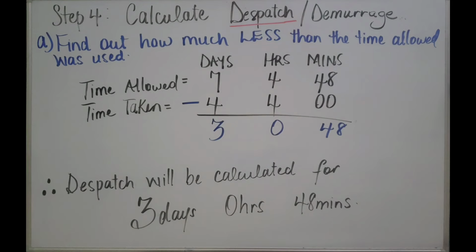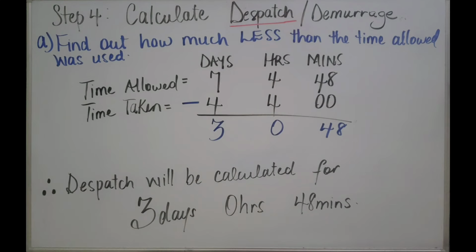So we have to subtract the time taken from the time allowed, and that's how we got 3 days, 0 hours, and 48 minutes. I'm saying 0 hours because in case you need to calculate the hours, you will know what to do, because this question doesn't have any hours.